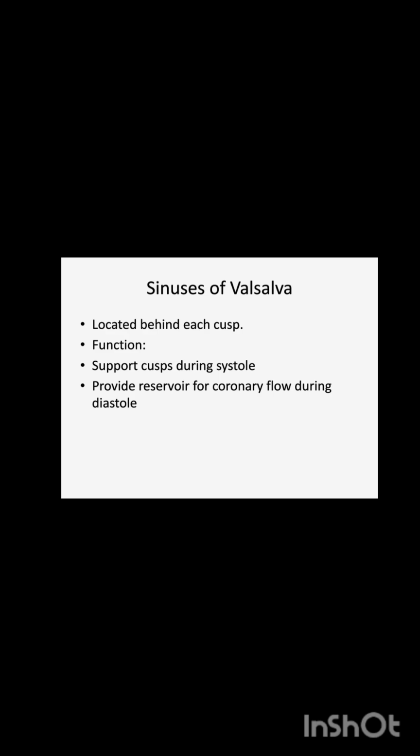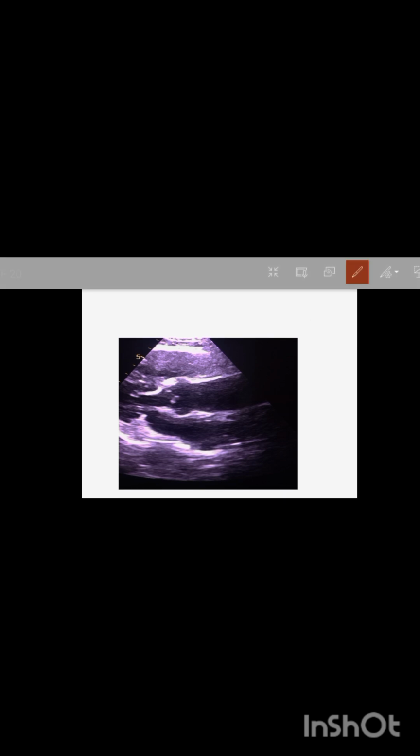The sinus of Valsalva is located behind each cusp. Its function is to support the cusp during systole and provide a reservoir for the coronary flow during diastole. Look at this place: it is dilated, with a little more space than the ascending aorta.